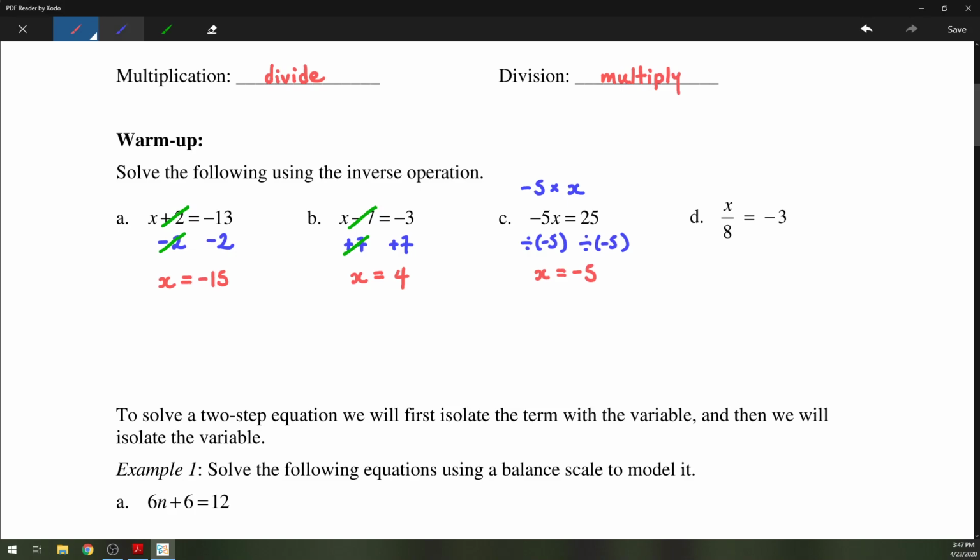And finally, the inverse operation here is to multiply by 8 on both sides. That will eliminate the 8, just as in the last example the negative 5s were eliminated. So we are, in example D, left with just x equals negative 24.